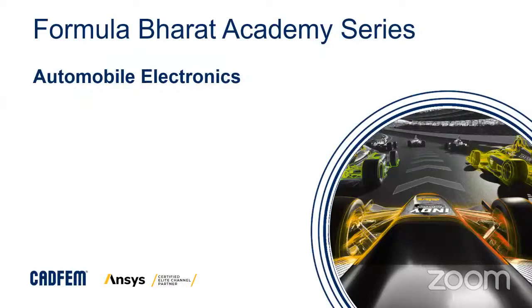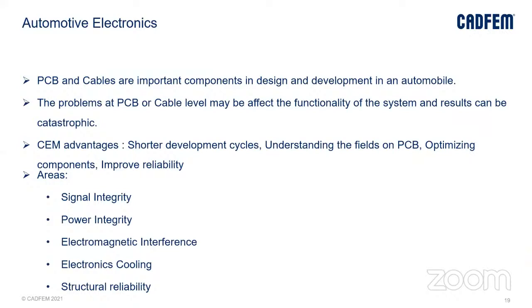For automobiles, computational electromagnetics is important because automotive electronics are present in all automobiles. These electronics are mounted on a PCB, and problems at the PCB and cable level may affect the functionality of the system, and results can be very catastrophic.